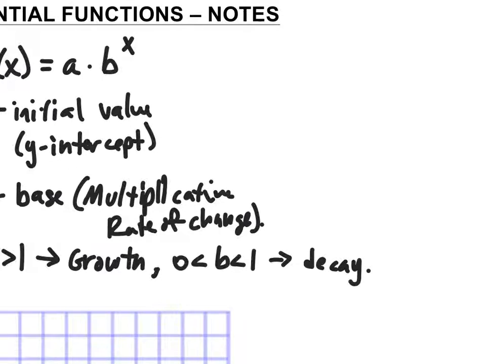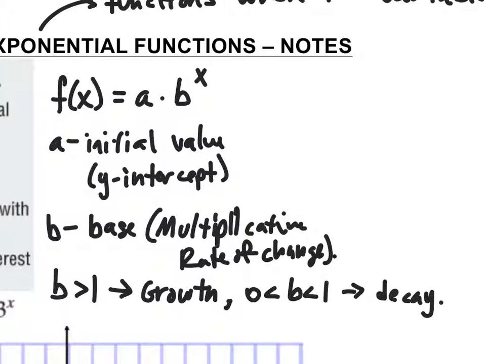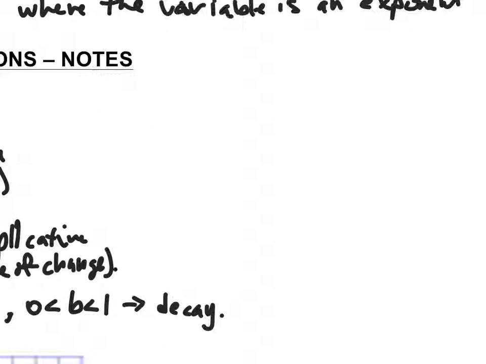And we'll look at both of those in a second. So in an exponential function, this is the idea: your exponent is your variable. Let's look at an example real quick. Let's think of the function f of x equals 2 to the x.